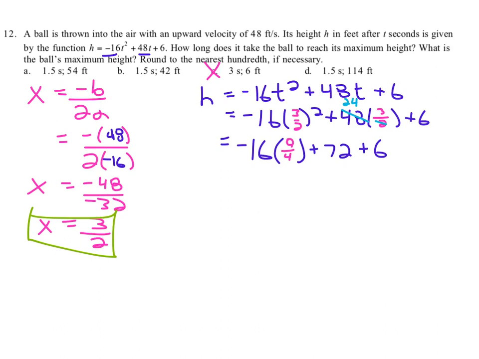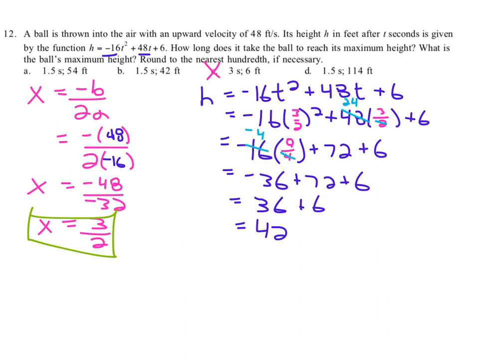So I'm going to do the same thing here. Crossing these out, this 4 and this negative 16, we get negative 4 there, and then negative 4 times the 9 is negative 36 plus 72 plus 6. Negative 36 plus 72 is 36, plus 6 is 42.